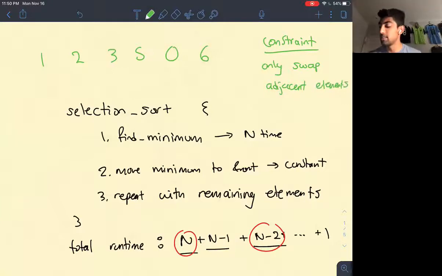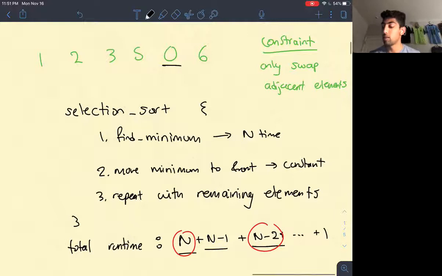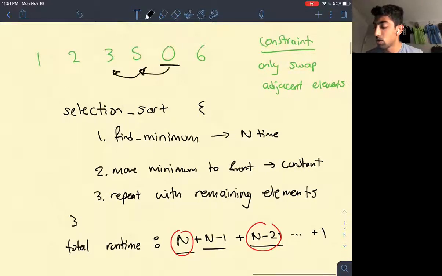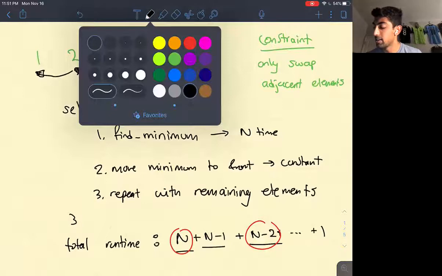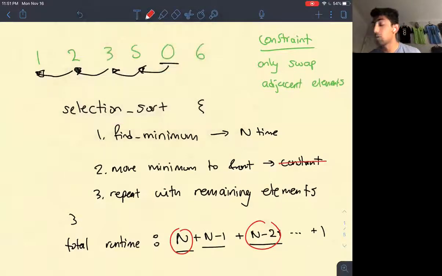Okay, so what this means is that moving the minimum to the front may take us more time than usual, right? Moving 0 all the way to the front means that we have to swap 0 and 5 and keep swapping 0 until it moves all the way to the front, okay? So what this is telling us is that moving the minimum to the front is now not a constant time operation, rather it can take, right, at most n time.